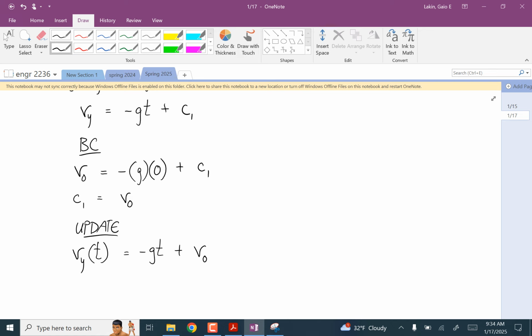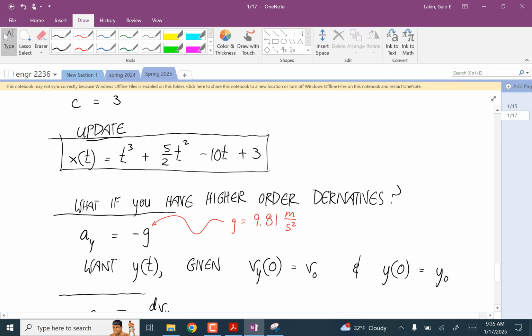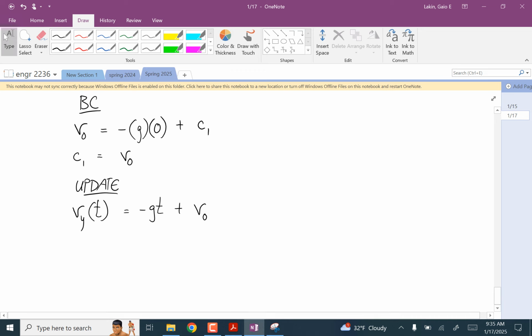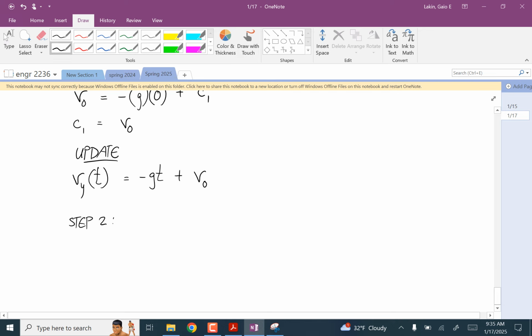But that's not what this problem asked for. It asked for the position, the y position as a function of time. So now we have to do it one more time. So I guess I'll write this as step 2. Now we know that the velocity y component is defined as dy dt.